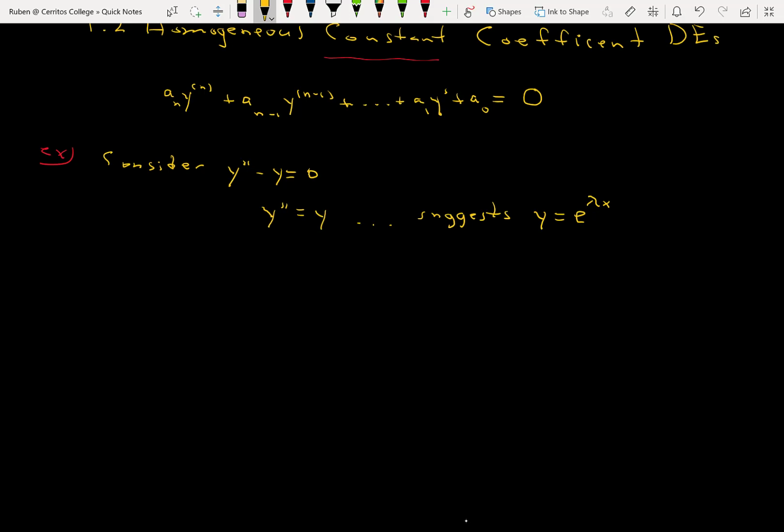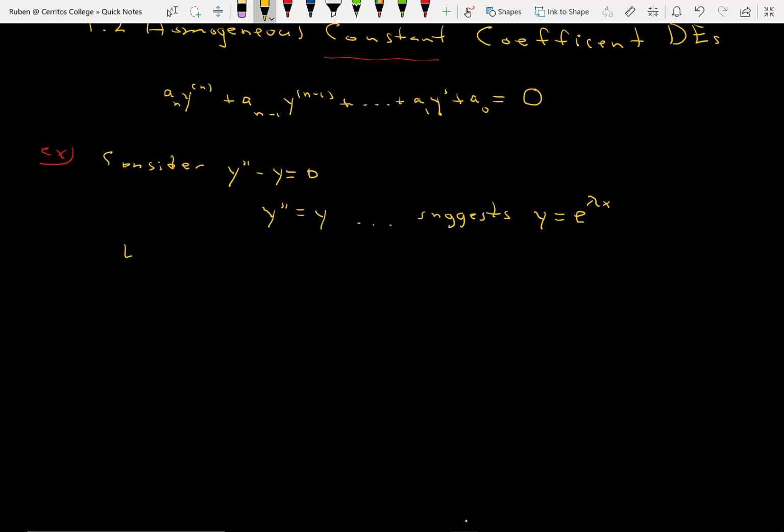The idea that the second derivative of the function equals itself suggests the exponential function is a solution, so we'll assume that the solution is y equals e to some number x. Since this is going to be a solution, we should be able to substitute it into the differential equation and have it work. And that's how we're going to find the constant or constants lambda.